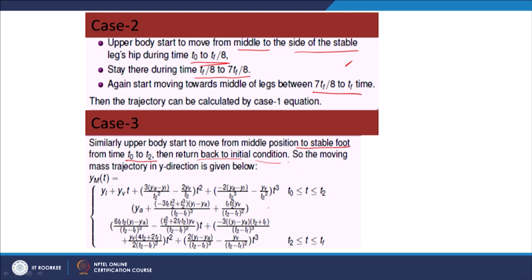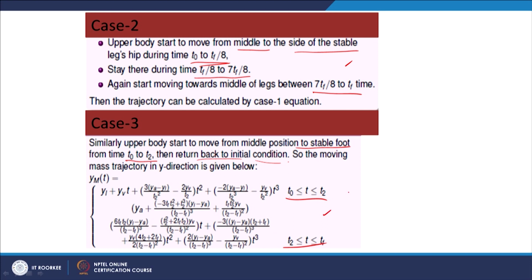So, it never stays at a single point for any duration of time, therefore, it has only two types of trajectory, during the time interval t0 to t2 and t2 to t4. Two different trajectories are there.